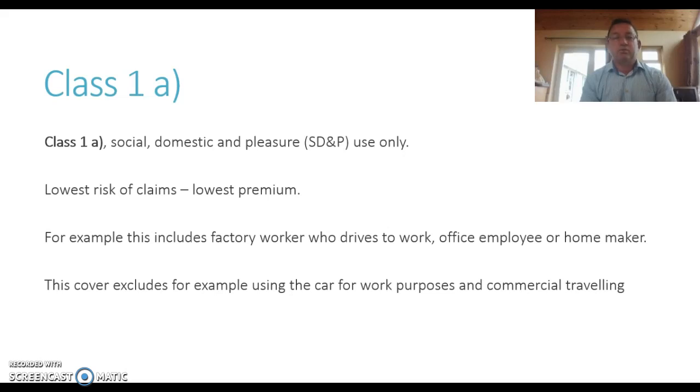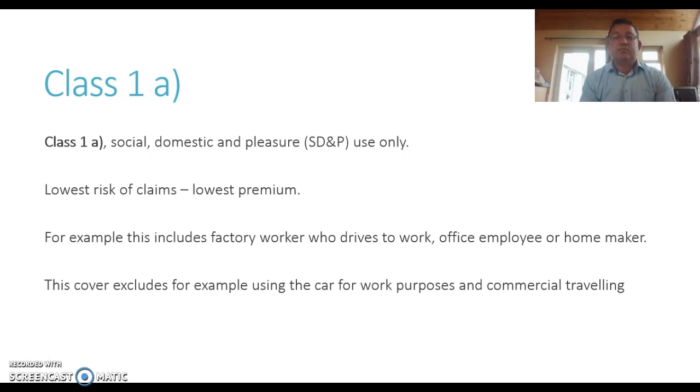It is the lowest premium and provides a fairly narrow cover, but it's a cover that will suit a lot of us. It includes, for example, a factory worker who drives to work, parks the car, drives home in the evening, maybe goes out to a match, goes out for a spin, but doesn't use the vehicle for any work-related use.